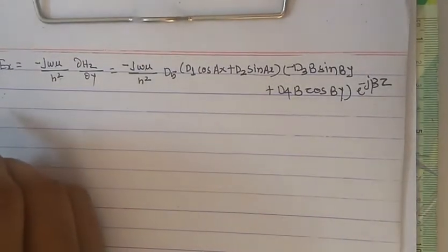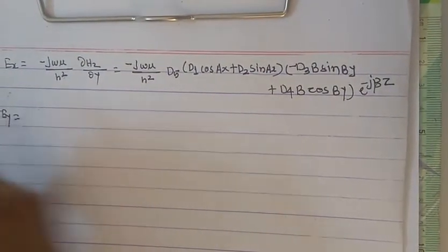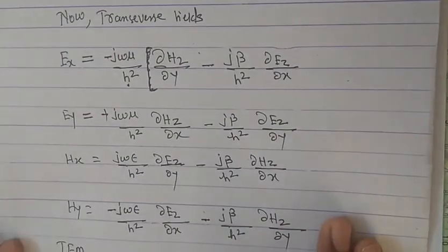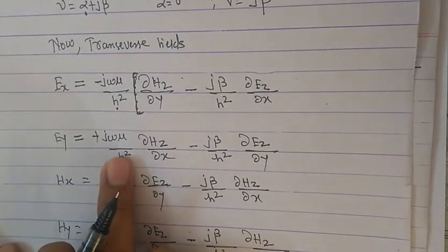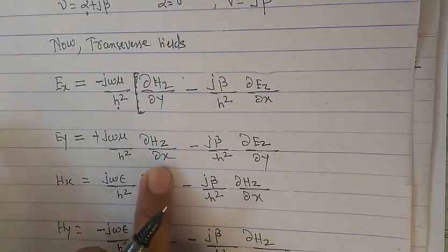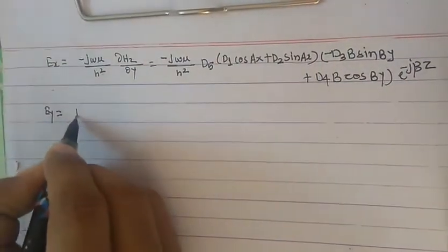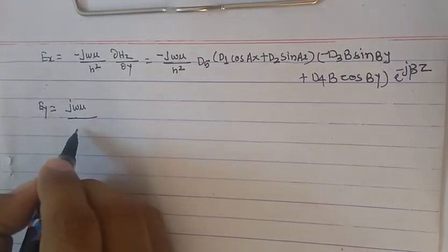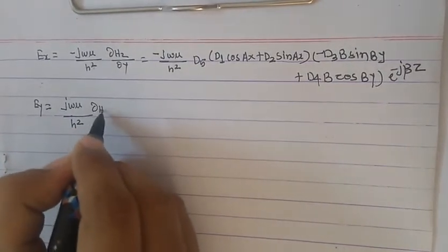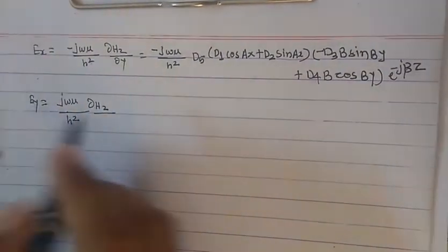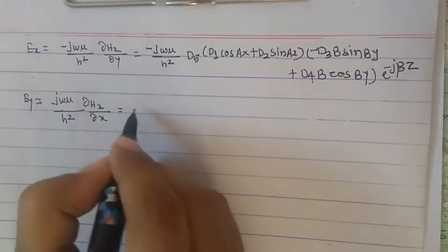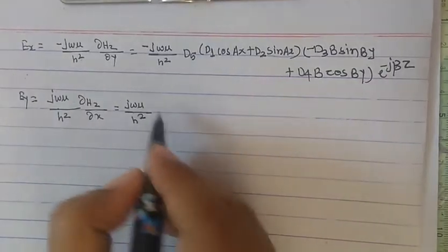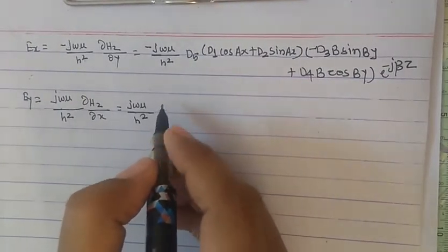Similarly, we can obtain Ey. So from the general solution, Ey is j omega mu upon h square del Hz by del x, which is equal to j omega mu upon h square d5.